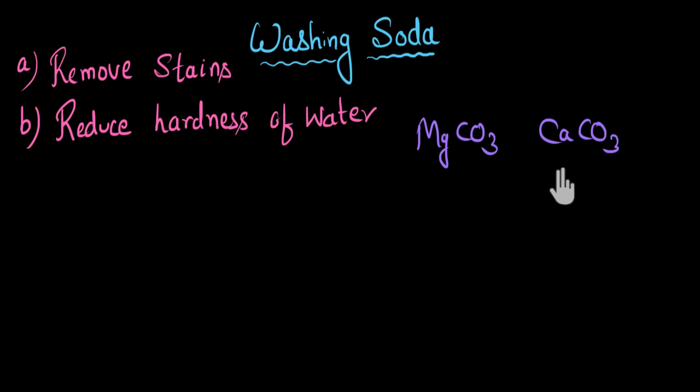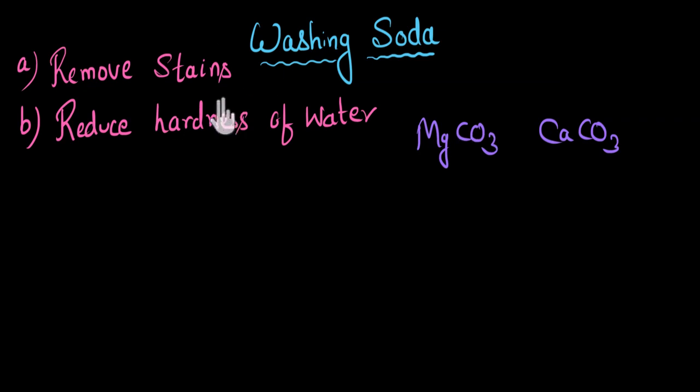Now these minerals can make it hard for soap to show its cleaning property. Soap would not be able to make foam when mixed in hard water, and that's why it would not be able to clean properly. Now when we mix washing soda in this hard water, the molecules of washing soda will bind themselves to these minerals and take them out. And therefore, the soap will be able to make a lot of foam and clean properly.